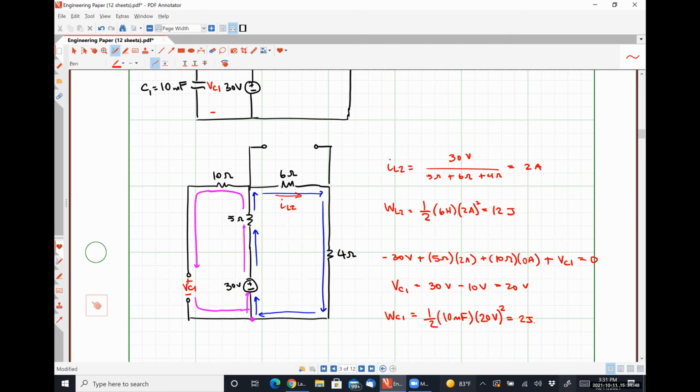So the current flows in that blue loop around that right-hand side, which is how we determined IL2. And then we use the results of that expression to apply Kirchhoff's voltage law to the left-hand path, right? And the left-hand path, just to be clear, isn't a loop because it's not closed. So no current can flow through.